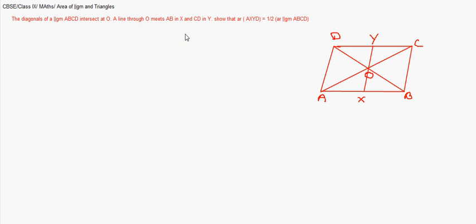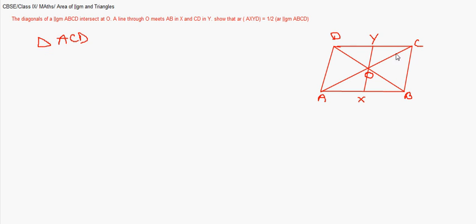What I do is, since the diagonal of the parallelogram divides it into two equal triangles, that makes two equal areas. Therefore, area of ACD and area of ABC are equal.